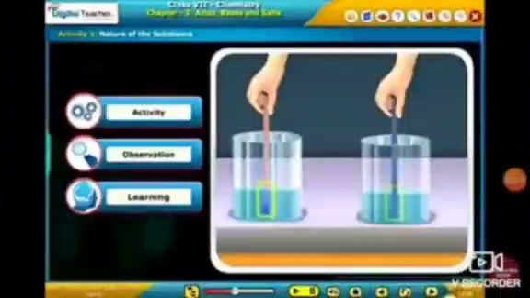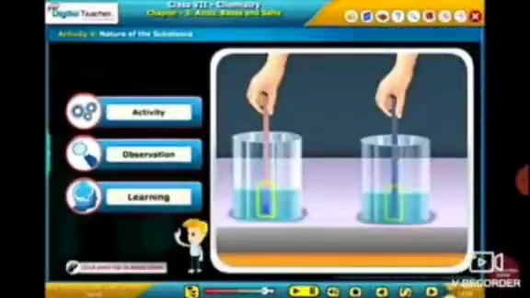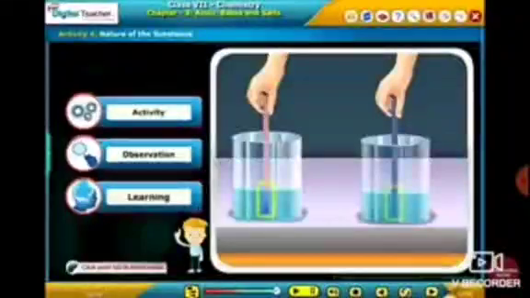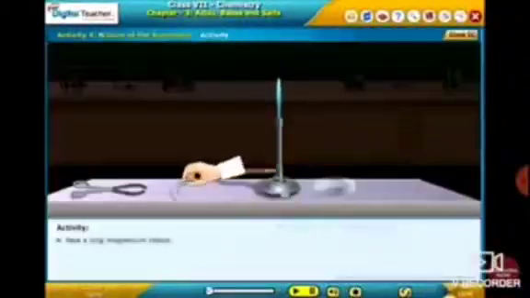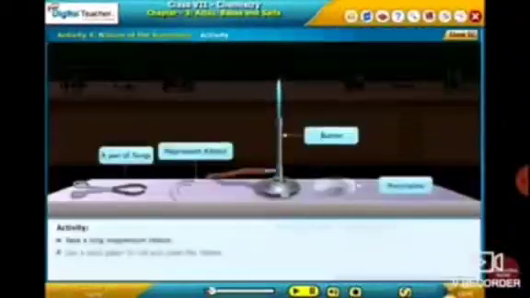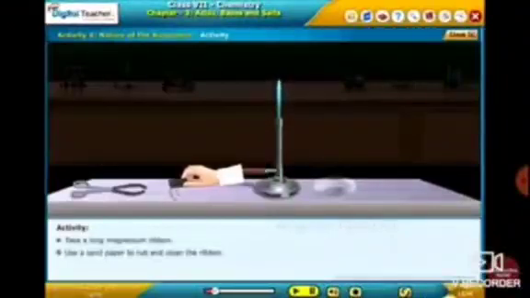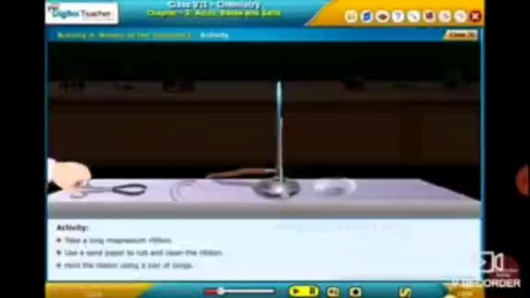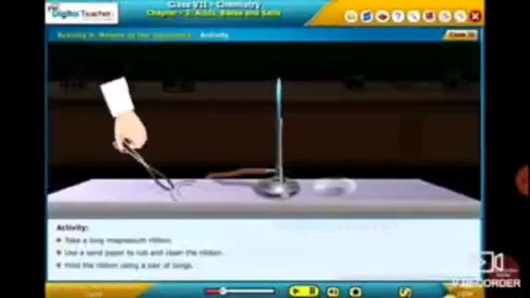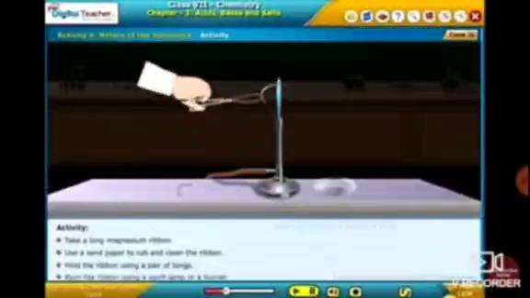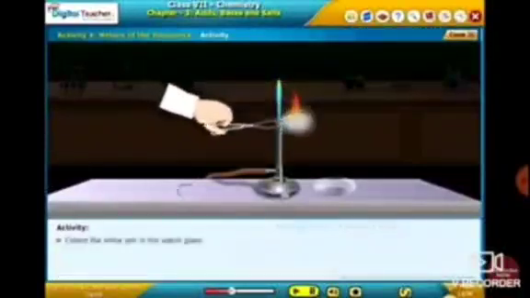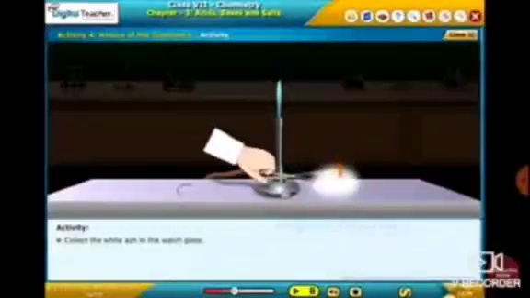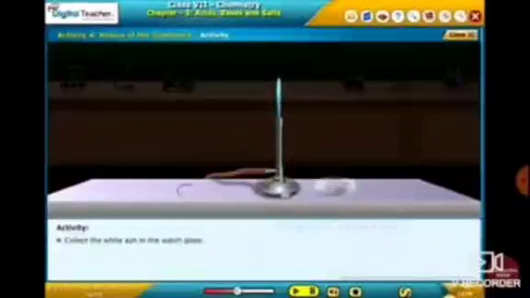Let us perform an activity. Take a long magnesium ribbon. Use sandpaper to rub and clean the ribbon. Hold the ribbon using a pair of tongs. Burn the ribbon using a spirit lamp or a burner. Collect the white ash in the watch glass.